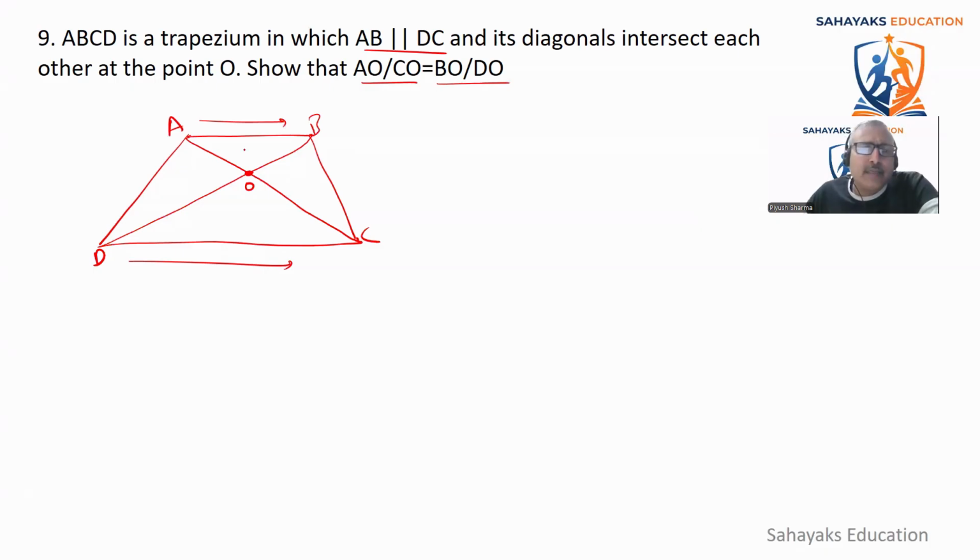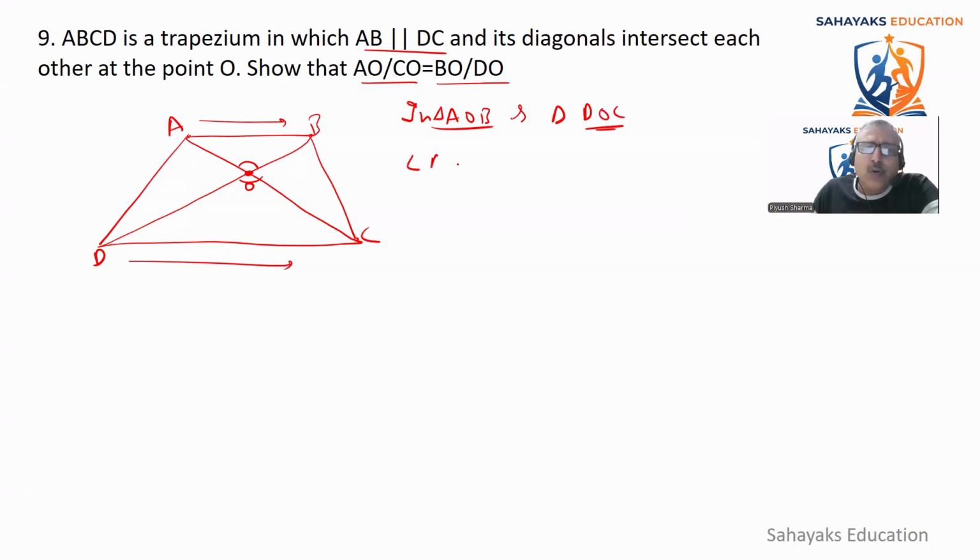Now look at triangle AOB and triangle DOC. Let's look at these two triangles. This angle is equal to this angle, yes or no?